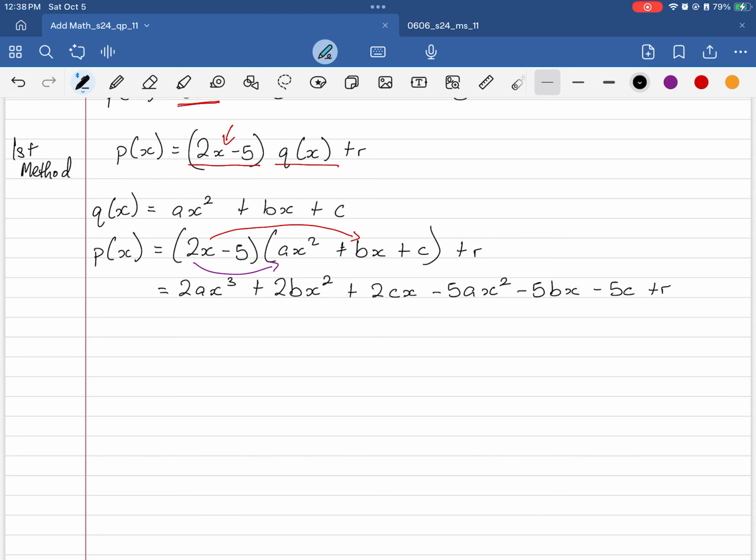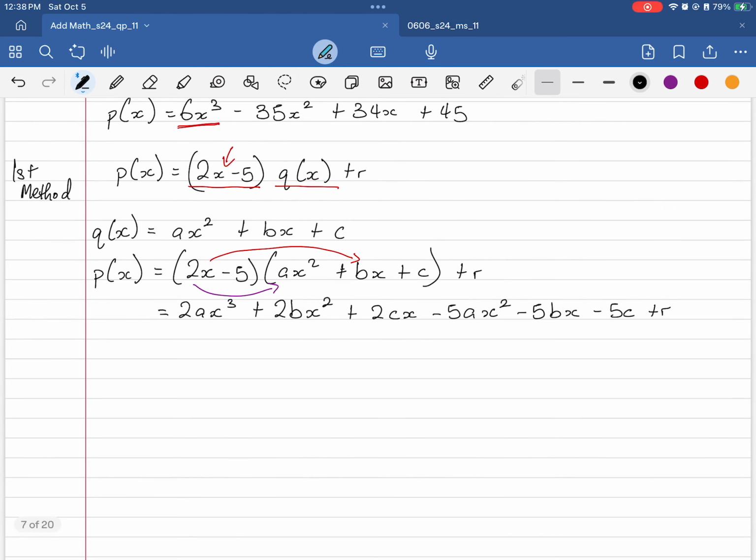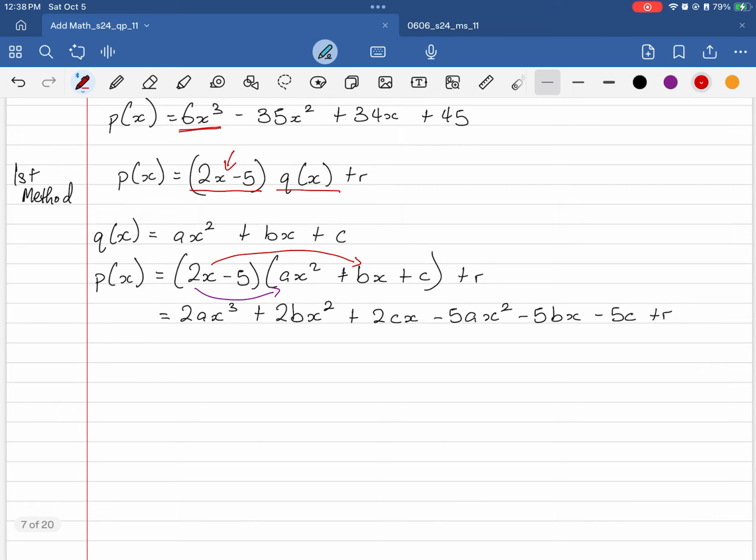Now that we've multiplied it out, we're going to collect like terms. What do I mean? We're going to put the terms that have similar powers together. So in this case, 2ax cubed only has 2a, but x squared has 2b and minus 5a. x has 2c and minus 5b.